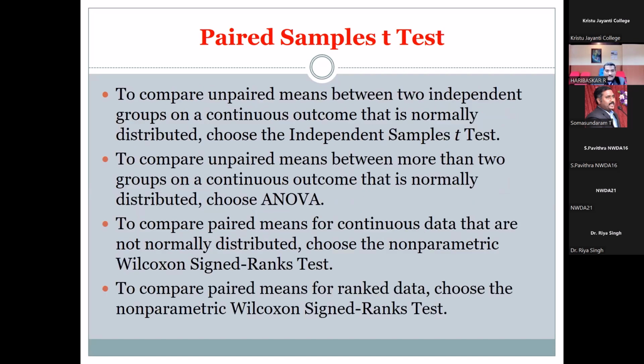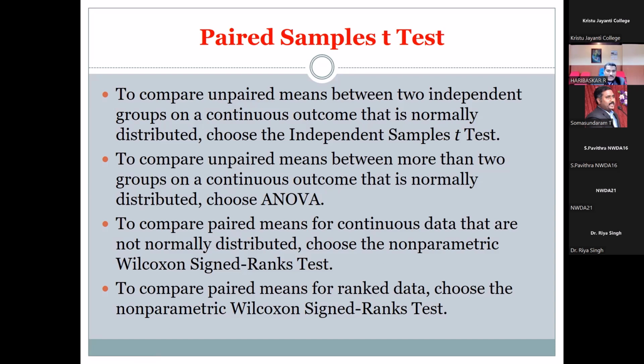Next, if we want to compare more than two means, then we cannot use a t-test, because a t-test is generally used for two groups only. For example, if a test is taken for three different time periods, or after two different kinds of training are given to the employees, that means before the training, after the first training, and after the second training, if you want to compare more than two groups, we cannot use a t-test.